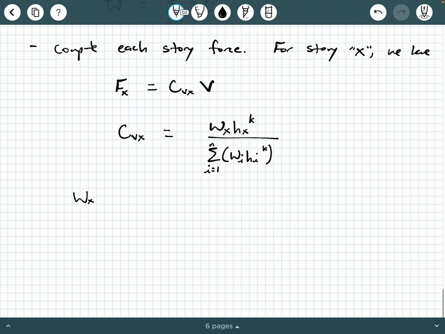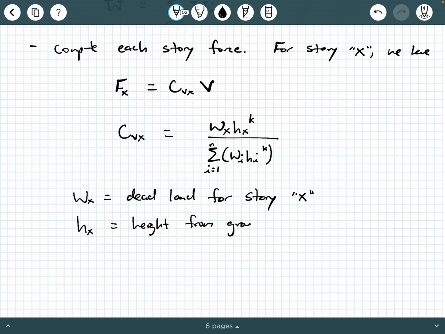W sub X is the dead load for story X. H sub X is height from ground to story X. And then for that K value, I'm going to refer you to page 118 of the text.